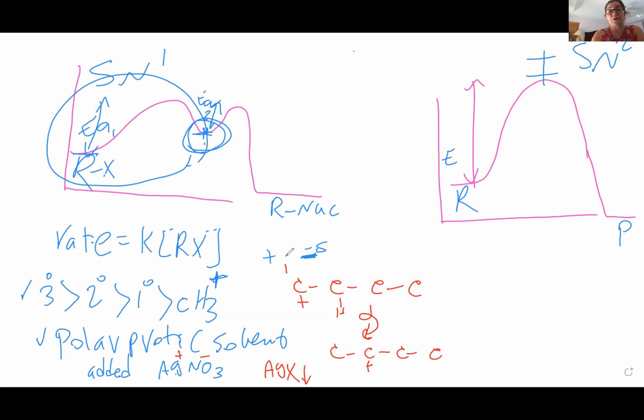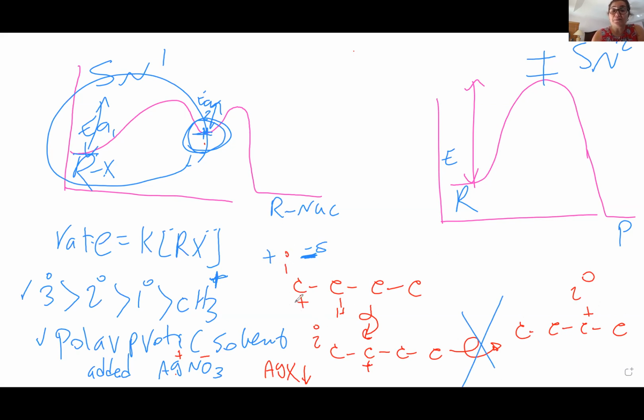Because a primary carbocation goes to a secondary carbocation. If you had a secondary carbocation, this will not rearrange to another secondary carbocation, because there is no benefit there. If you start with primary, you can go to secondary, but from secondary to secondary is not a benefit.